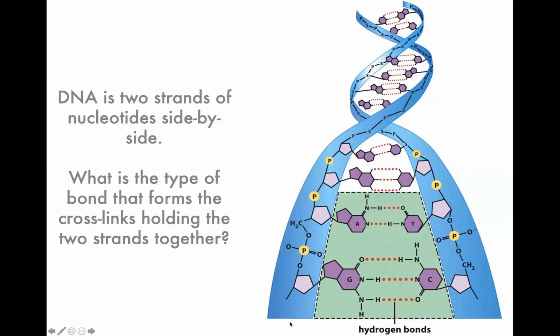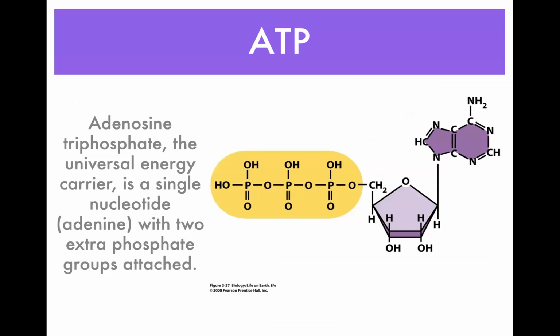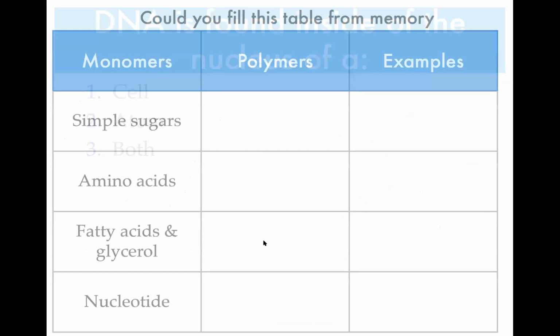And so we essentially get this double-stranded molecule that we refer to as a double helix, where two strands of nucleotides wind around each other in a spiral formation. There are hydrogen bonds present in our DNA molecule. So again, we're tying in all of these concepts that we've been talking about: chemical elements, chemical bond formation. There are hydrogen bonds holding this DNA molecule together. There's another type of bond called a phosphodiester bond that we'll get to in another unit. Adenosine triphosphate, ATP, is very important for us acquiring energy.